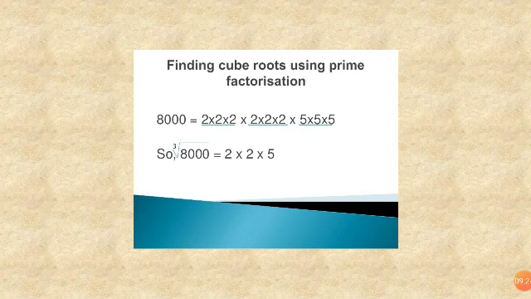Prime numbers are numbers divisible only by themselves and 1. The prime factorization method is the division method. Take 8000: 2 into 2 into 2 into 2 into 2 into 2 into 5 into 5 into 5. This is the division method.